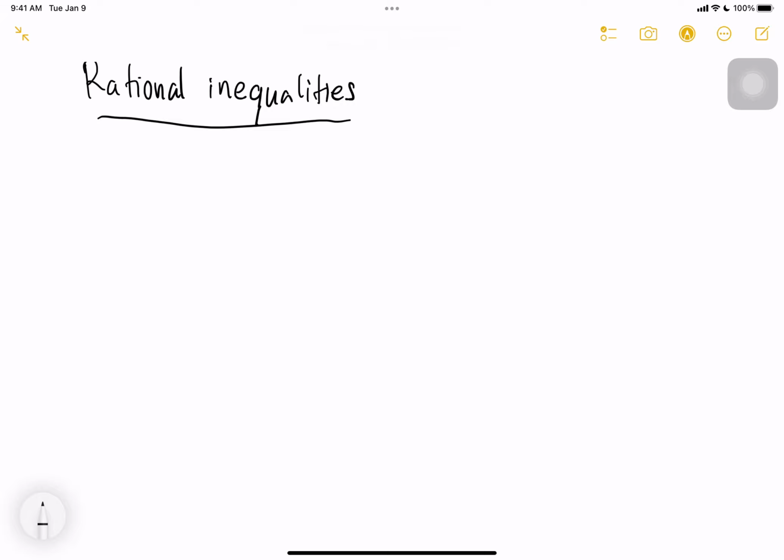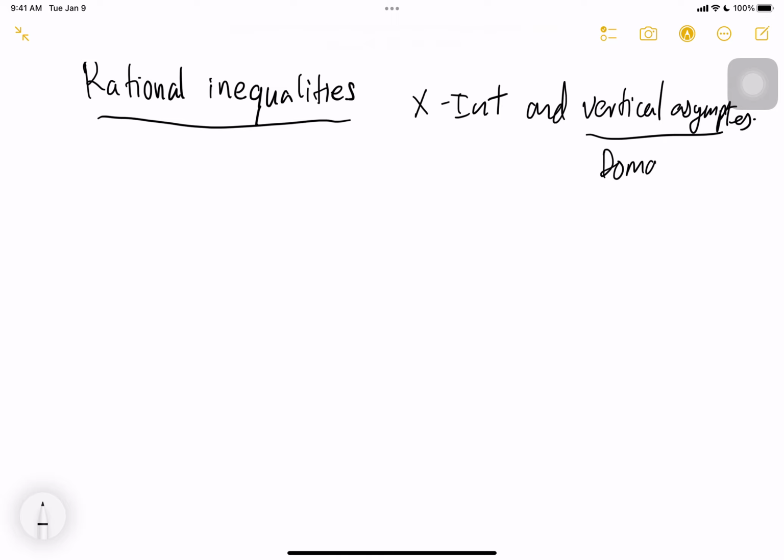And so, the main difference from a rational inequality standpoint is that you have to be able to locate both the x-intercepts and the vertical asymptotes. More accurately, I would say the domain. But either way, they fit together.